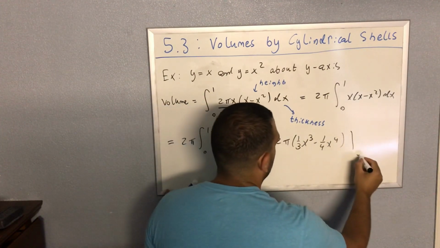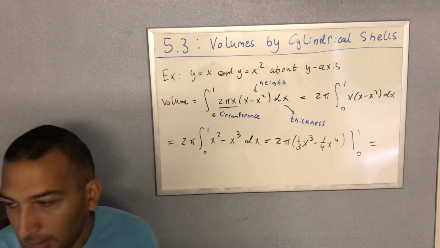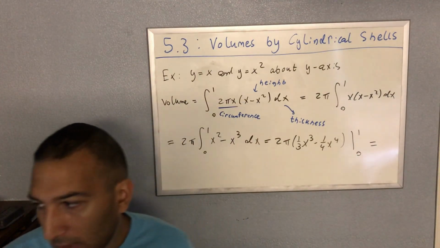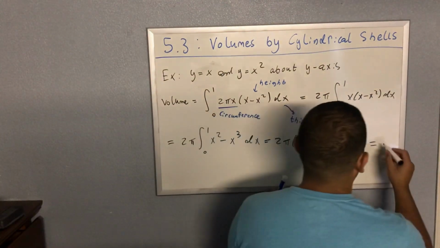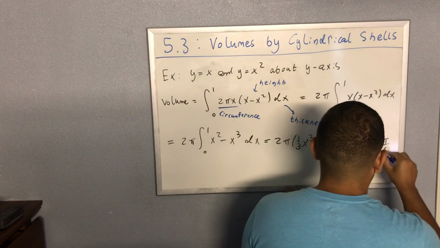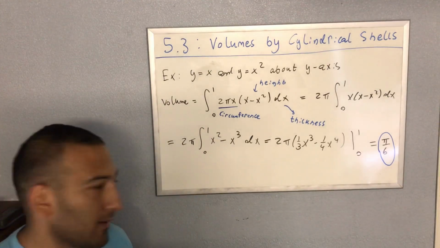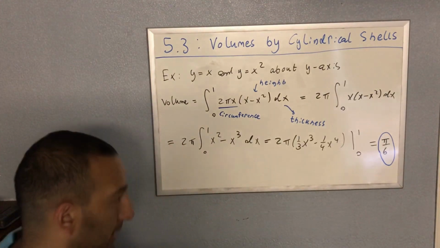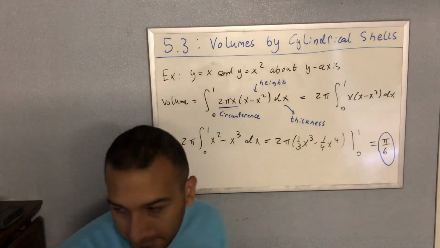And then evaluate that from 0 to 1. Which, when everything clears, that's pi over 6. So in some cases, yeah, you can use either method. It doesn't matter. And it's kind of just up to you. It's a choice. Okay.